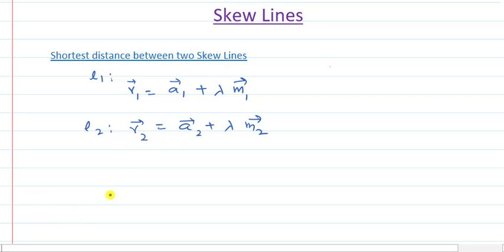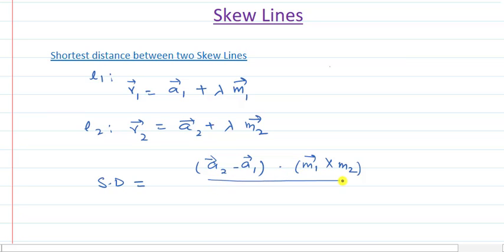This shortest distance is given by modulus of vector A2 minus vector A1 dot M1 cross M2, upon modulus of M1 cross M2.